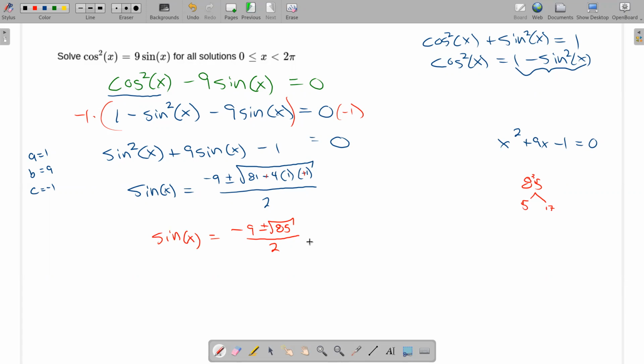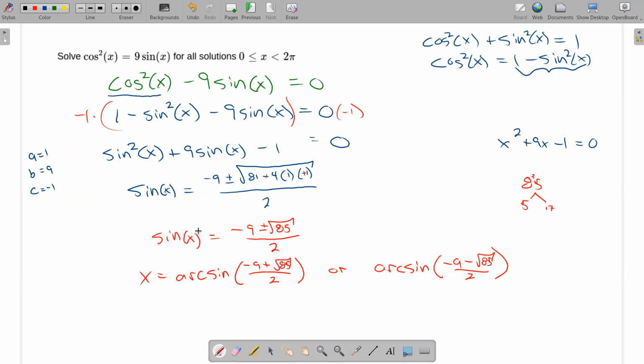Now that's really two different solutions, right? The plus or the minus. So we have x equals arc sine of -9 plus the square root of 85 over 2, or arc sine of -9 minus the square root of 85 all over 2.